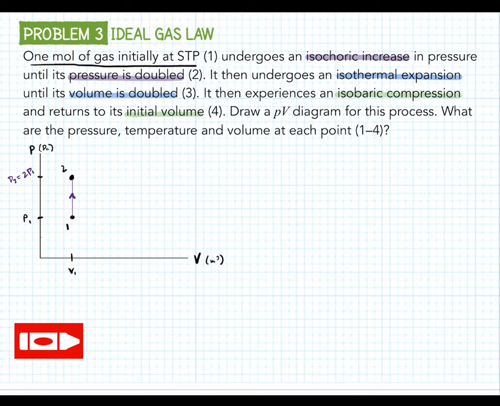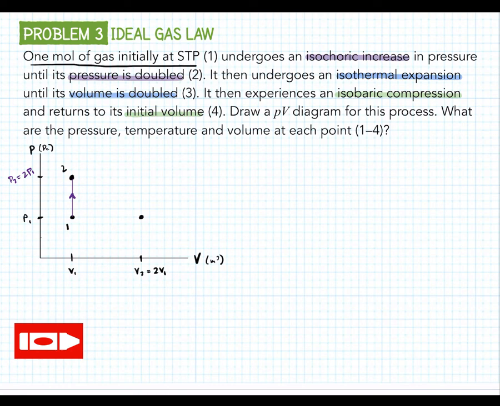Okay? Then the next thing that happens, and we're not even using any numbers yet, so we'll do numbers in a minute, is an isothermal expansion until the volume is doubled, okay? So let's say this is V2. We know this is twice V1, and we know that an isothermal expansion looks like a curve.